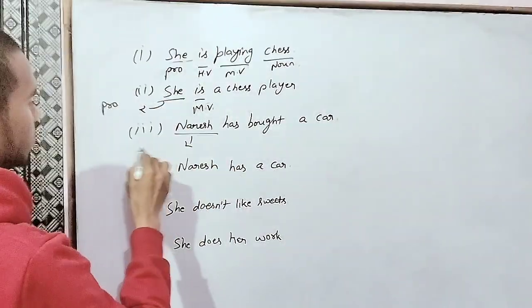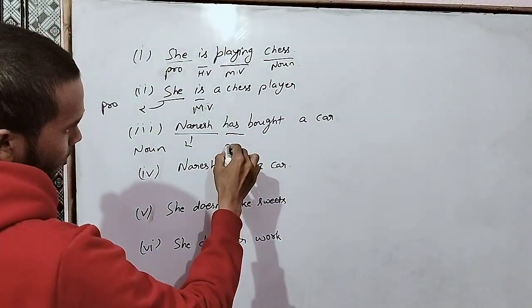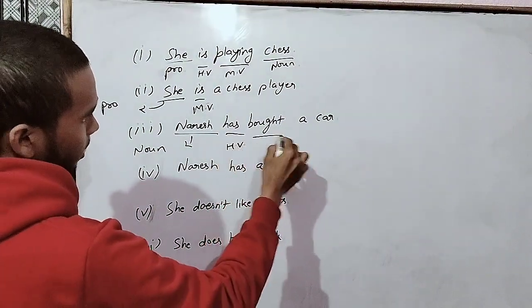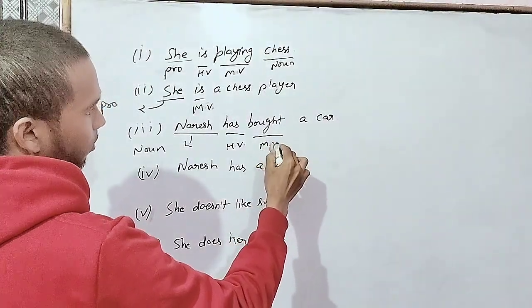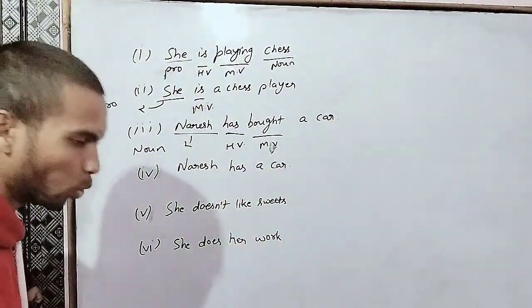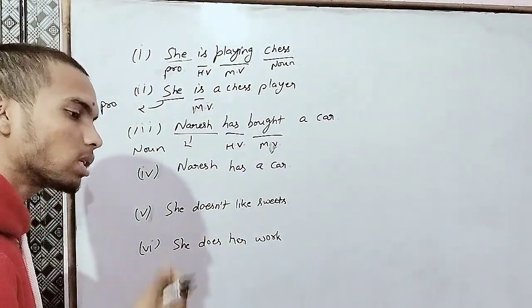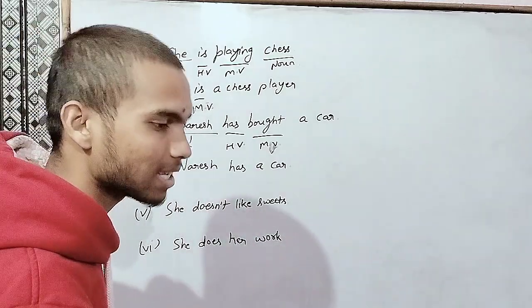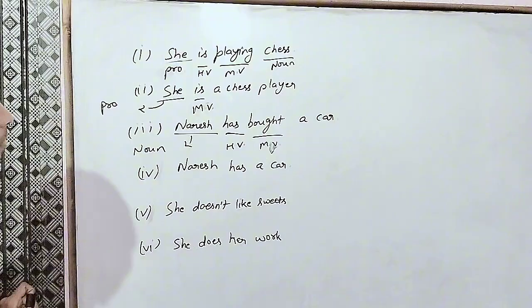Notice this is a noun, this is a helping verb and this is a main verb. So how to identify? When we have two verbs in our sentence, then the first verb will be considered as helping verb and the second verb as main verb.